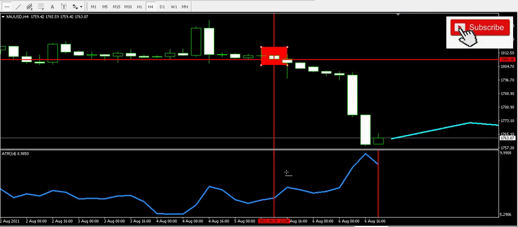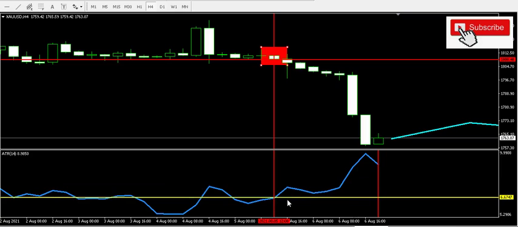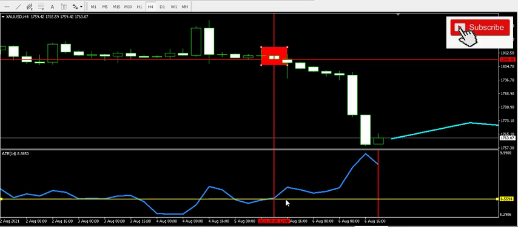You can trace that with a horizontal line. You can see 6.67, but the exact point is 6.6464. So that's the exact ATR value.